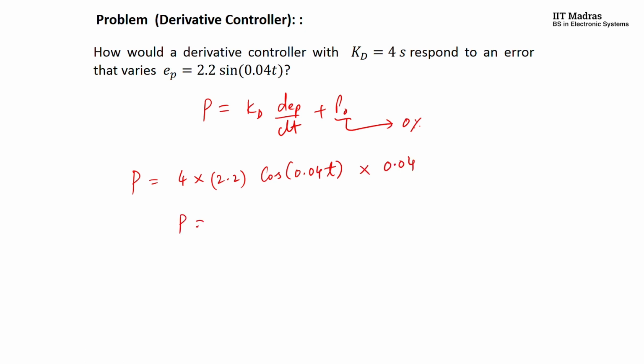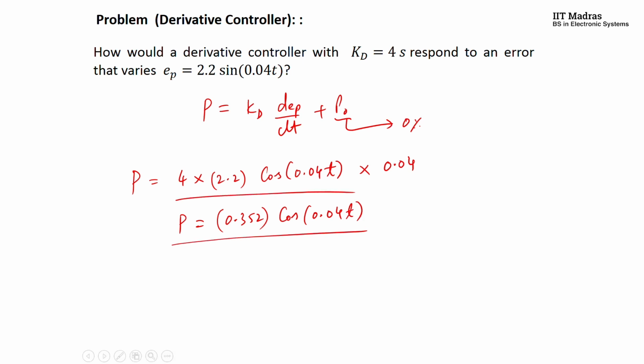So what would be the control output? It would be 0.352, which is already calculated, into cosine of 0.04t. So this would be the control output if I have an error which is changing as 2.2 sine of 0.04t.